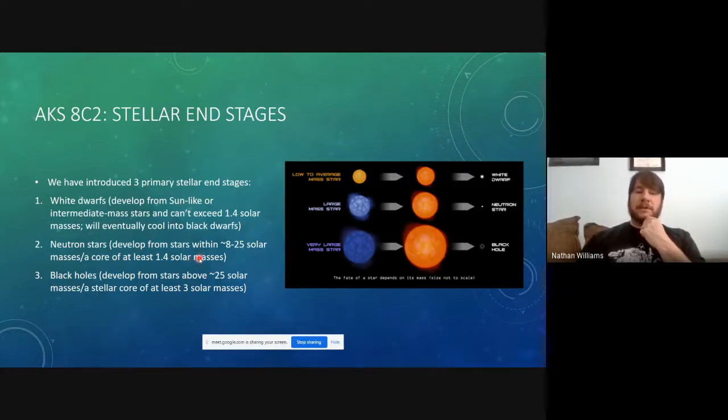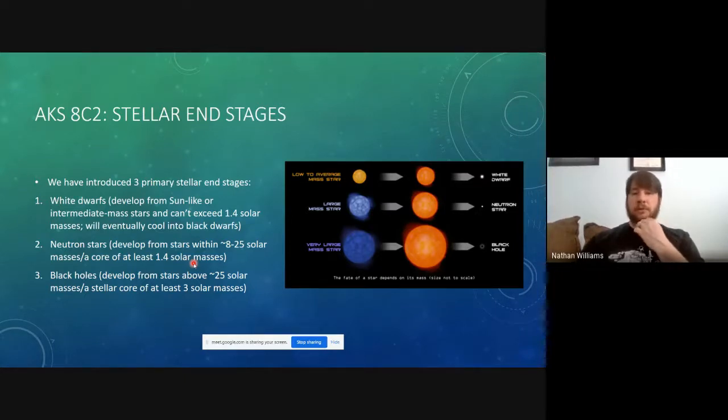However, it's kind of a narrow range. A neutron star will have to come from a core of at least 1.4 solar masses, but anything of about at least 3 or more solar masses will actually totally collapse into a black hole instead. So if you want to throw in up here, or just mentally for yourself, 1.4 solar masses to 3 solar masses, that's the very narrow range for a core mass that can actually yield a neutron star.